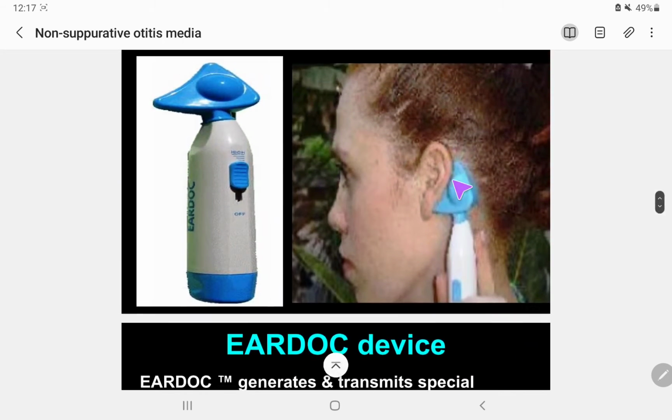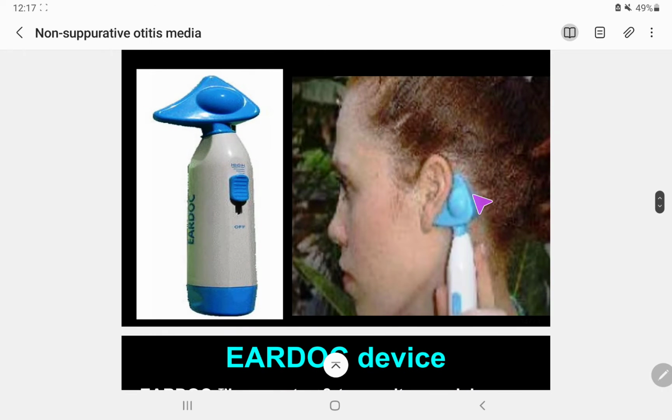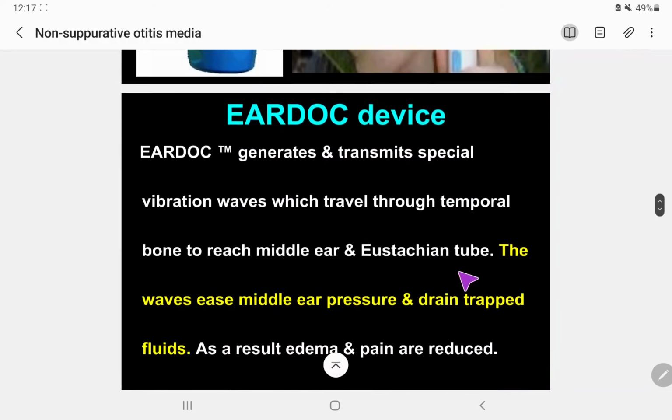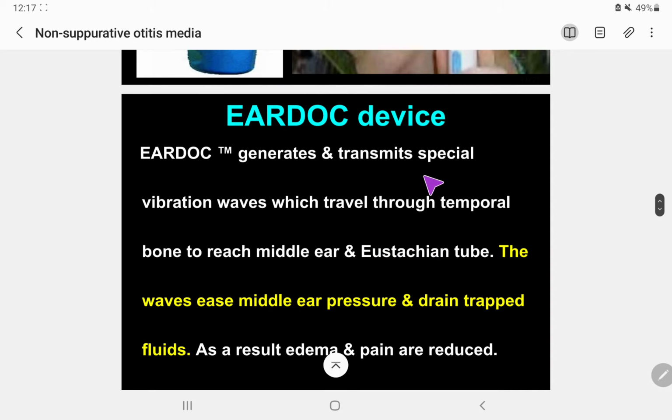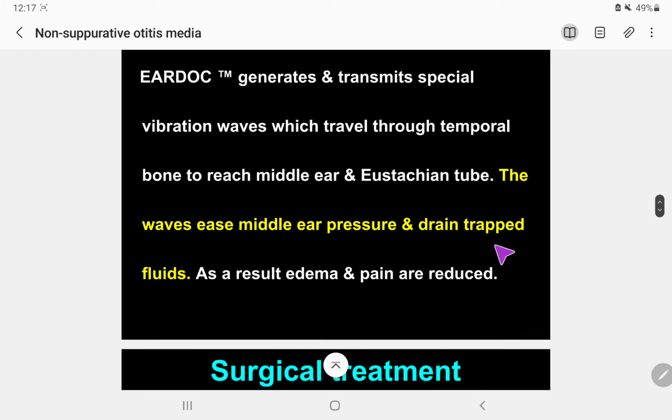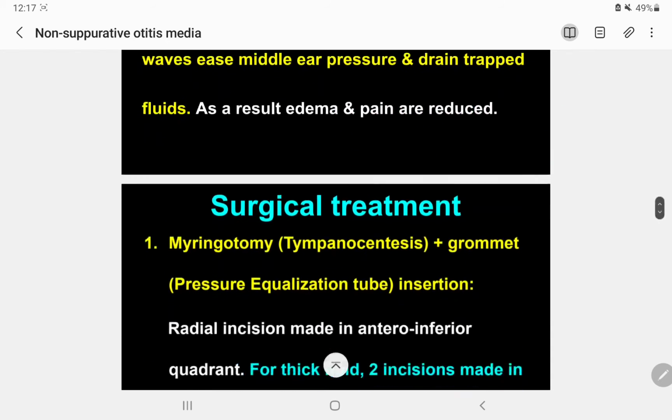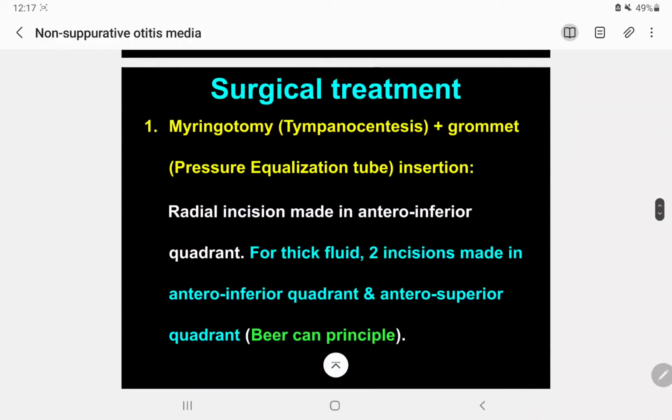Look here, the patient is putting the AirDuct device over the temporal bone, and it reaches the middle ear and the eustachian tube. The vibratory waves ease the middle ear pressure and drain the trapped fluid, whatever fluid is there. As a result, edema and pain are reduced. So that is non-surgical.